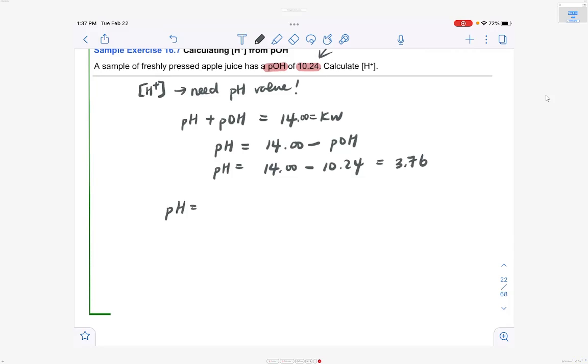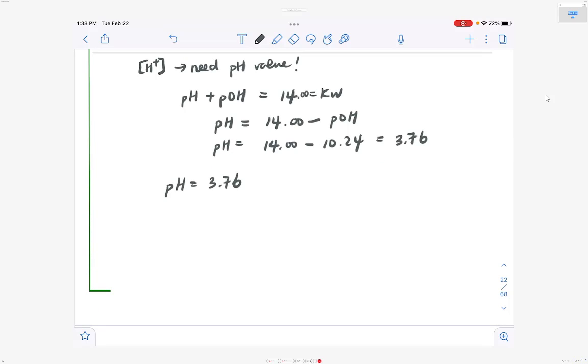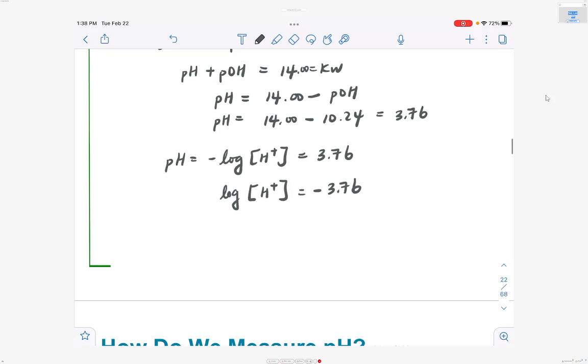If pH is 3.76, that means the negative log of the concentration of proton is 3.76. So the log of the concentration of proton is negative 3.76.